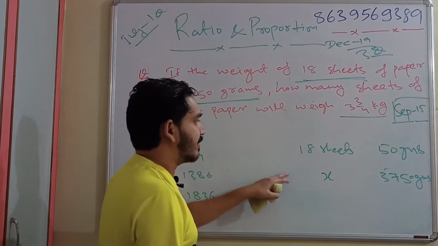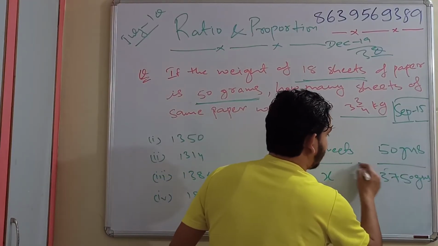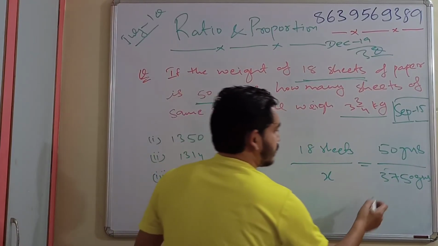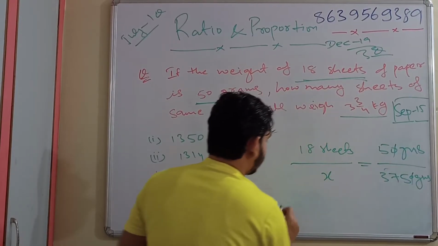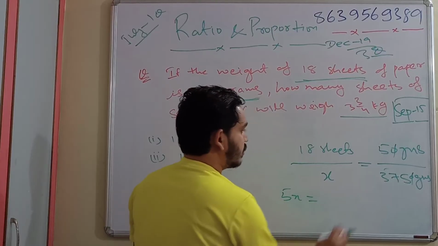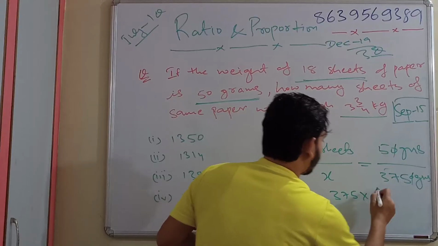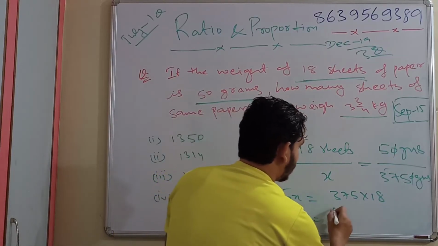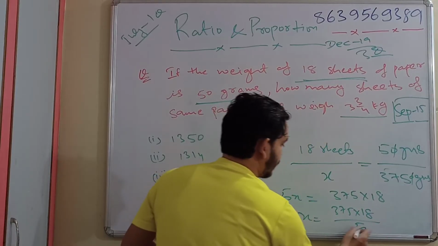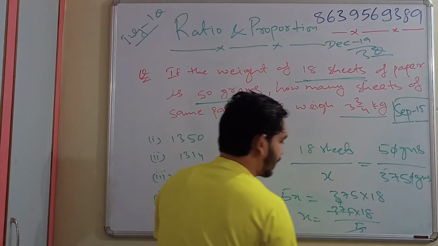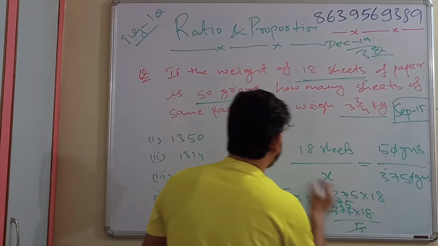Now as I said in the previous question, the ratio of sheets and the ratio of weight will be equal. Just calculate. Zeros cancel. Now 5x is equal to 375 into 18. Now x will be 375 into 18 divided by 5. 5 sevens are 35, 2 will remain, 5 fives are 25, so 75 into 18.